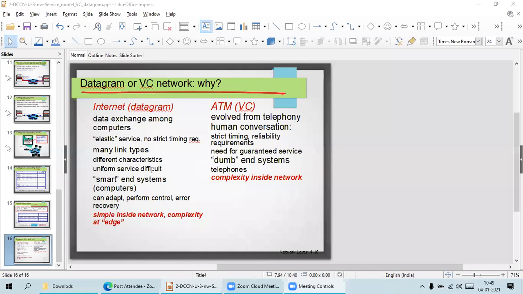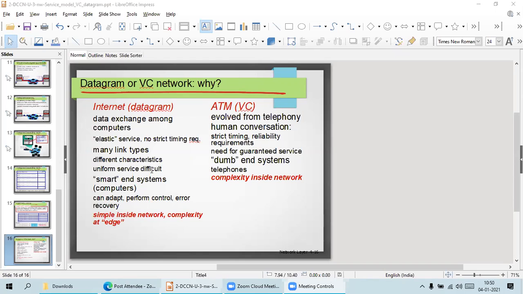Simple inside the network, complexity at the edge. Inside the network it is simple, but all the edges are more complex in the internet. But with ATM, complexity is inside the network. Why?